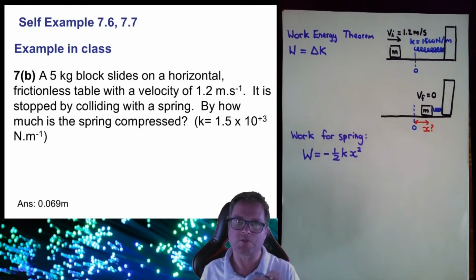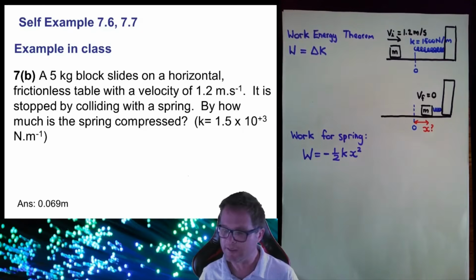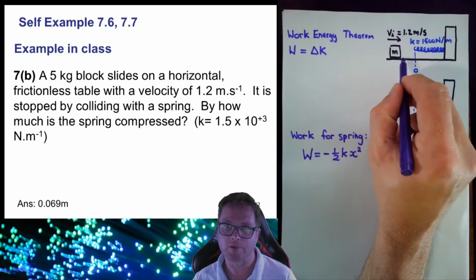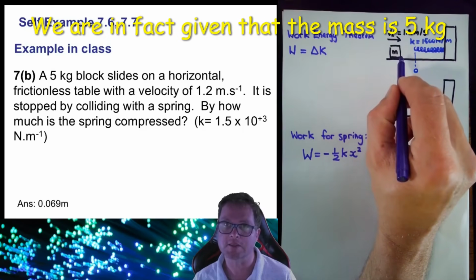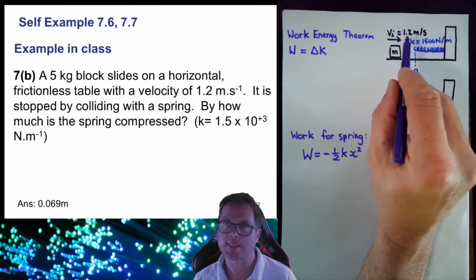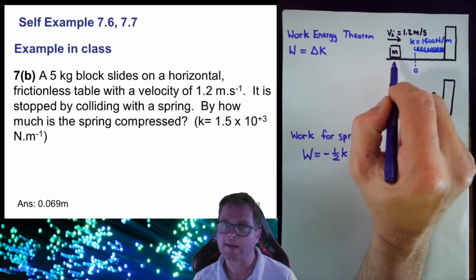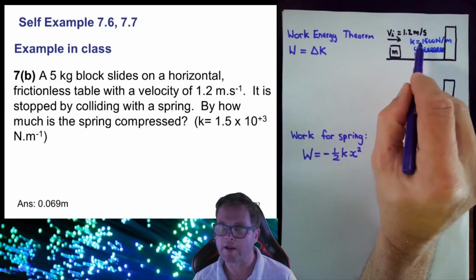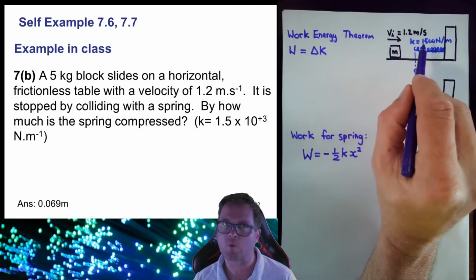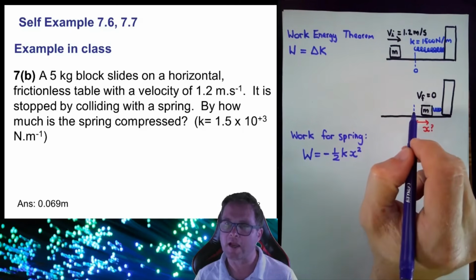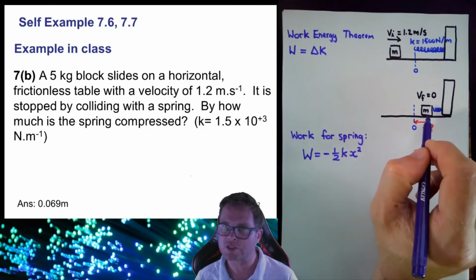As we start this problem, it's always good for us to make a sketch to illustrate what's happening. So we have our block and it's got mass m. We're not given its mass, but we're told that it's moving at 1.2 meters per second initially, and it's sliding along this frictionless table. Then it collides with a spring. The spring constant is given to us as 1,500 newtons per meter, and then eventually it comes to a stop.